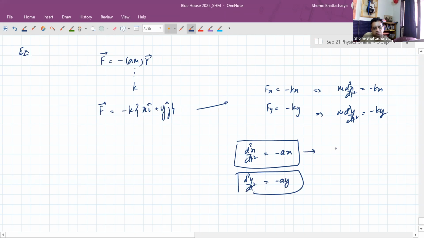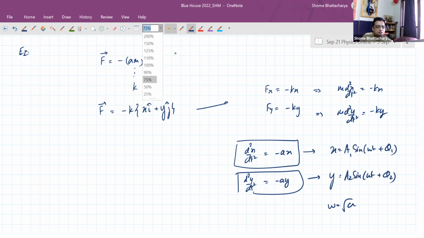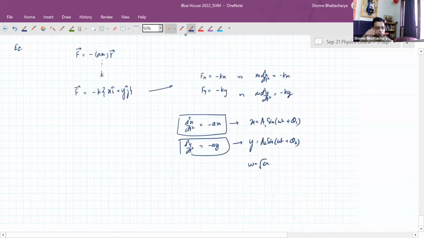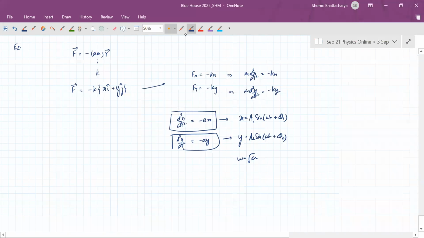So this will tell me that its x coordinate is some amplitude, let's say a1 sine of omega t plus some phase constant phi1, and its y coordinate is some amplitude a2 into sine of the same omega t plus some phase constant phi2, where omega is square root of a. Okay, so clear so far, Prachi? I didn't understand that. Can you explain again?